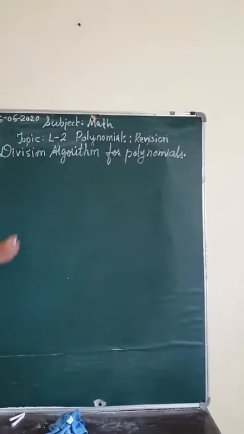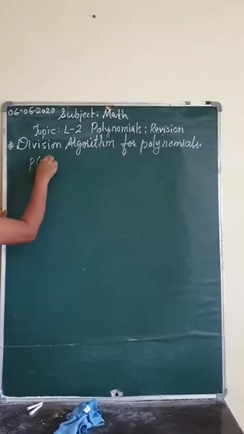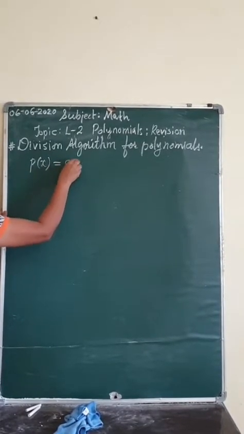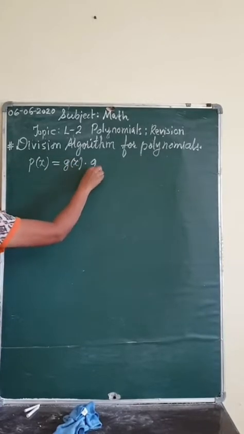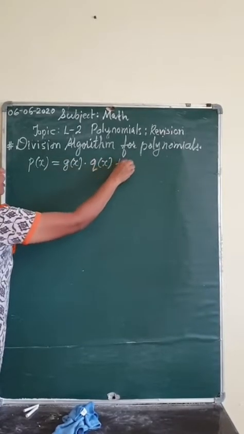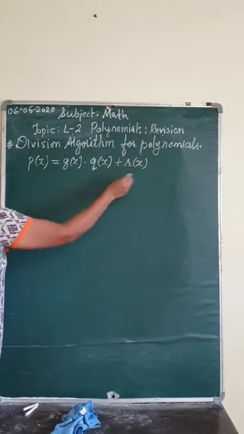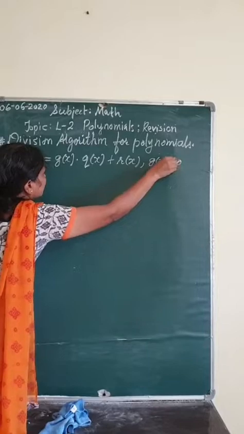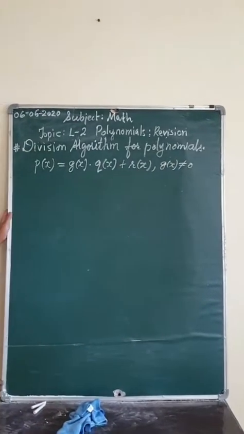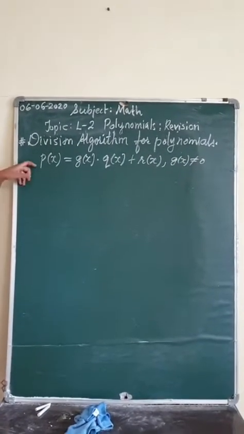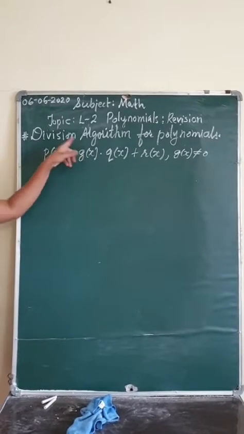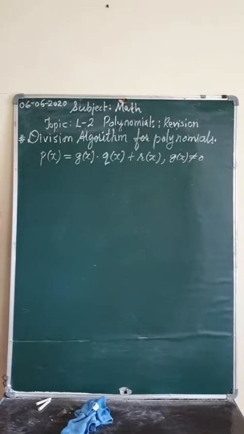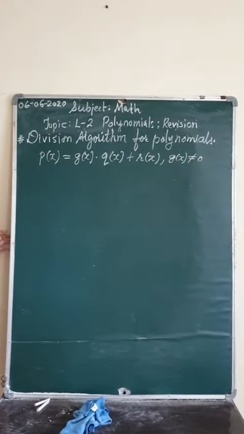This concept says that if we have a polynomial p(x), it can be expressed in the form of g(x) into q(x) plus r(x), where g(x) should not be 0. So we are using the division algorithm which we have seen in the previous lesson here in polynomials also. Let's see how it works with the examples.